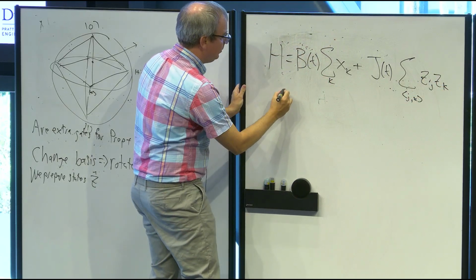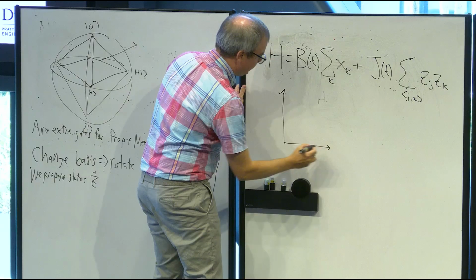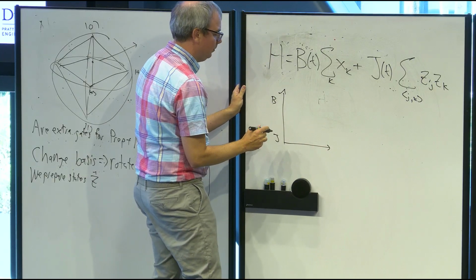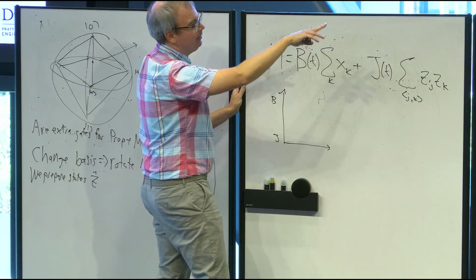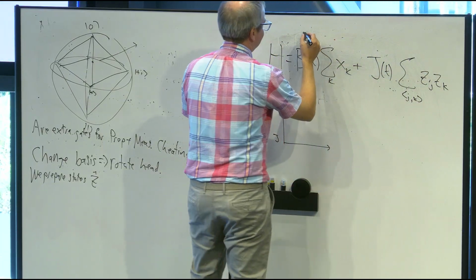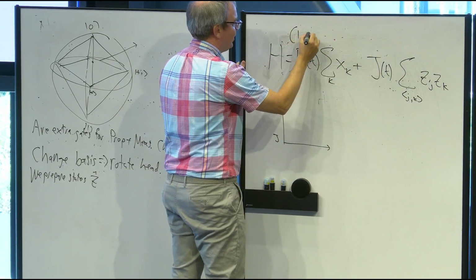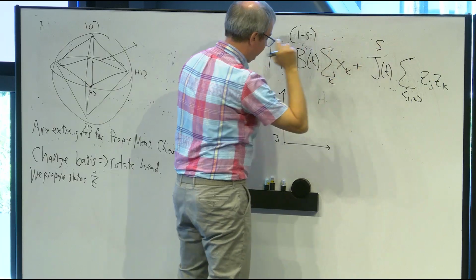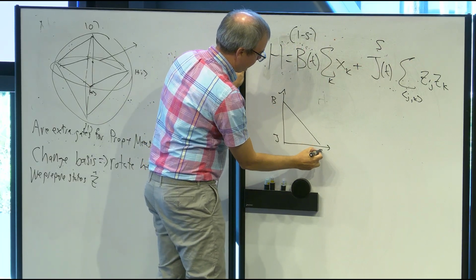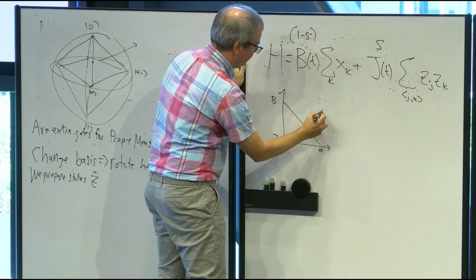And so what I'm going to do is I'm going to make a schedule. And then normally in this, they tie it together with just this S parameter. So we'll say B is 1 minus S, and this is S. And so B goes to 0, J goes to 1.